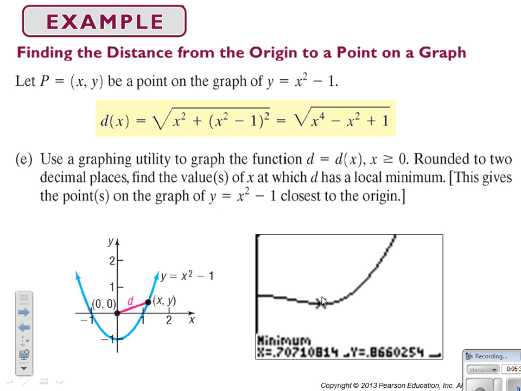Because this is a parabola, it does have a local min less than 0. That is the same distance away. So we're just looking at distances that are greater than 0 because there are no distances that are negative. It's just not allowed.